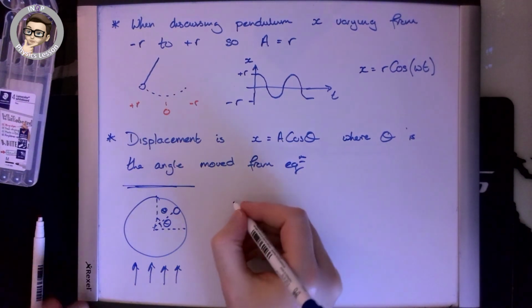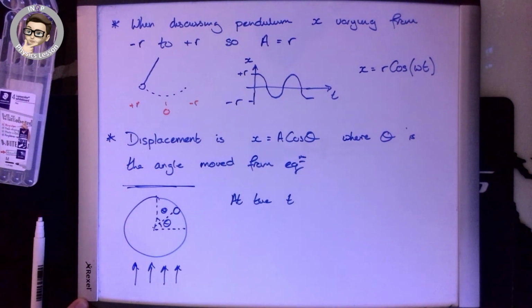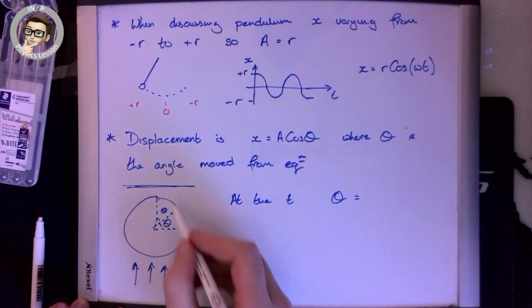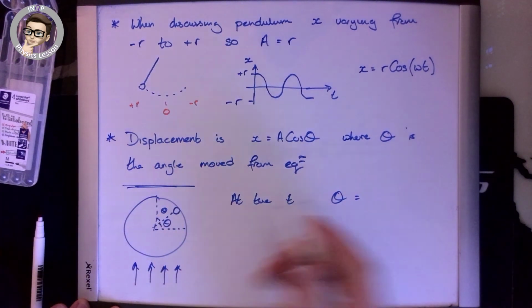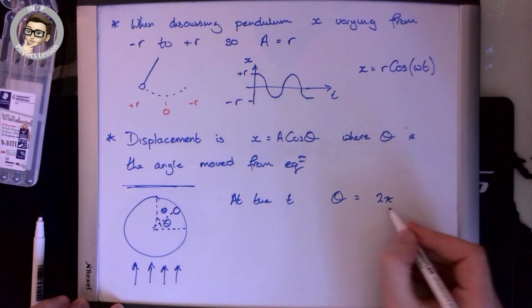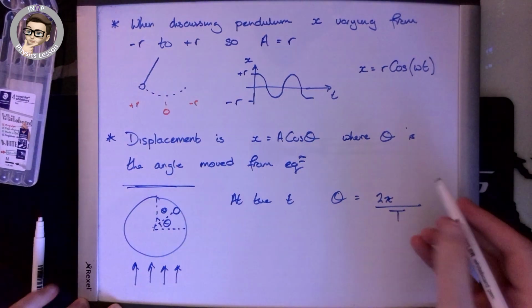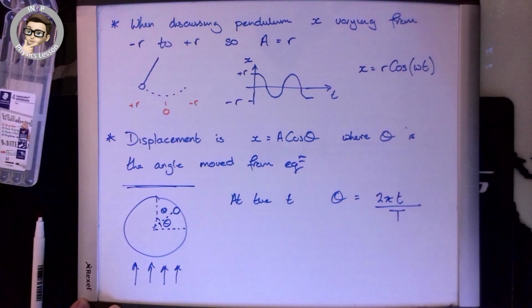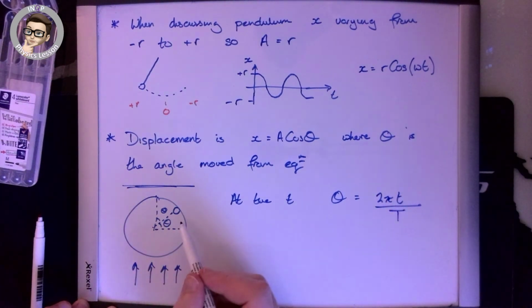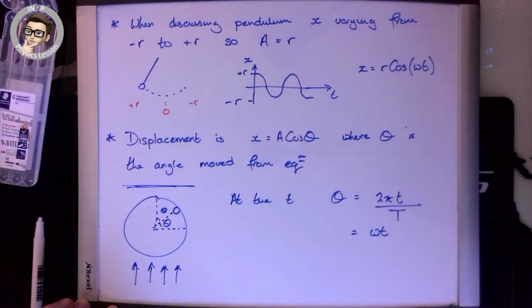So at time t, we can say that theta is going to be some point around this circle. And we know the whole circle is 2 pi, and we know we're going to go round the circle in a time period of T, so it's 2 pi t over T, because in some time t we're a relative position around that whole circle of 2 pi, and that's where we get our omega t from.